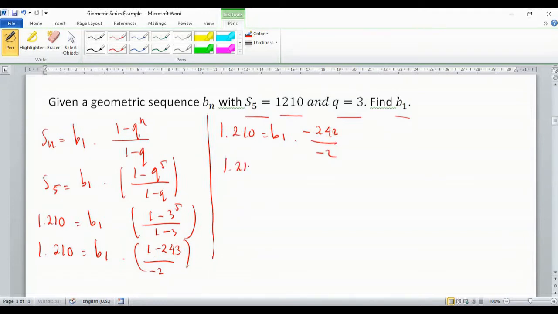So 1210 equals B1 times 121. So 1210 over 121 equals B1, we can cancel, so this one is 10. So the first term is 10, everyone.